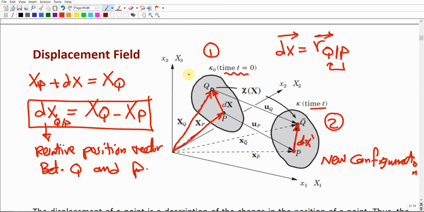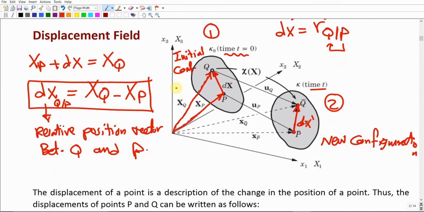So if there are changes between these 2 configurations in either the orientation or the position and the shape, it means that we do have deformation.